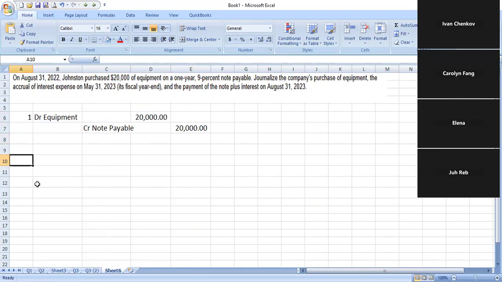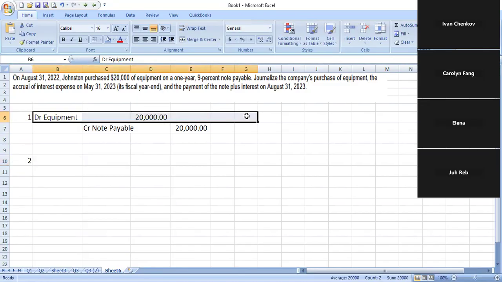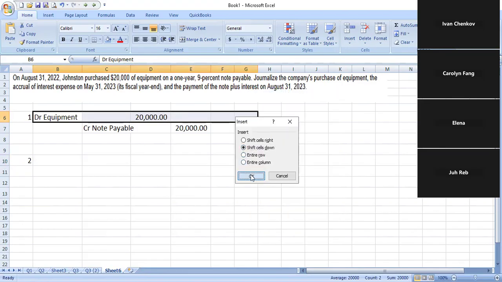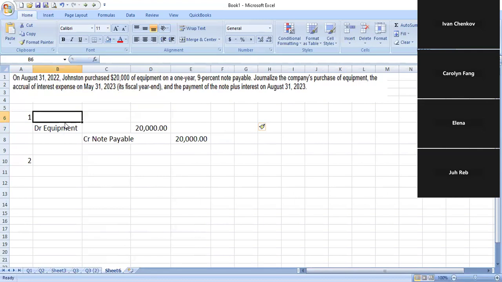Second one. We have to do the journal entry on March 31st. So we purchased the equipment, we have the equipment. Now we have to do the year end.